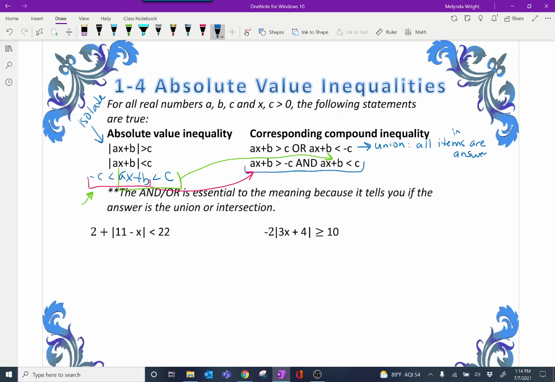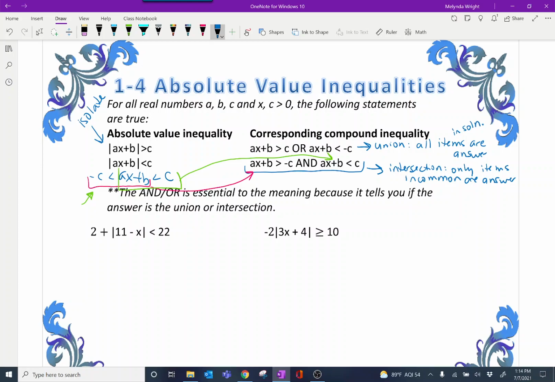The and is an intersection, and that means that only items in common are the solution or answer. Okay, so that's really important.